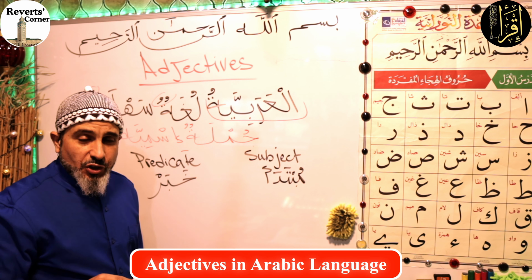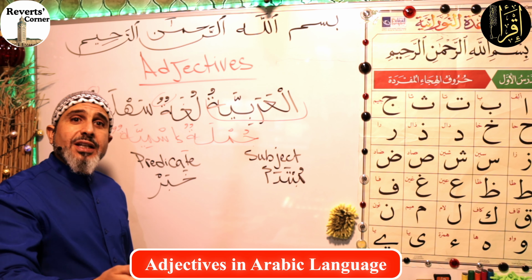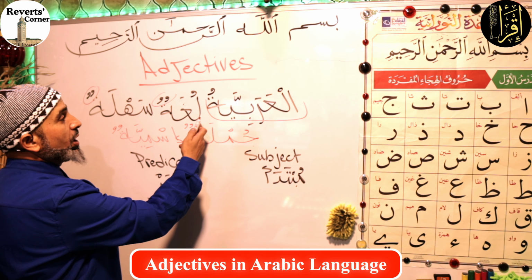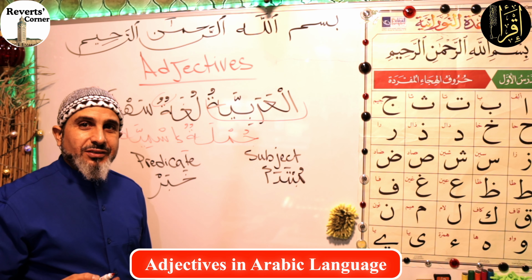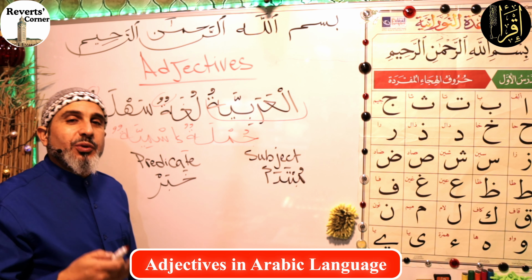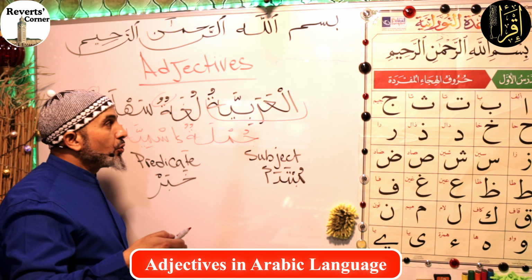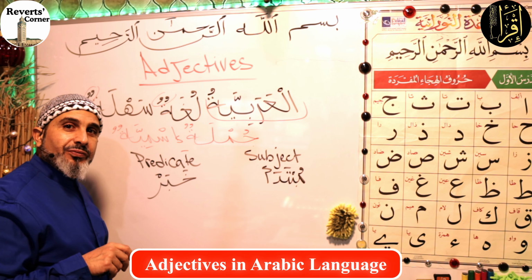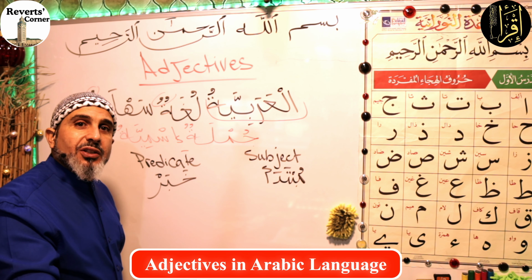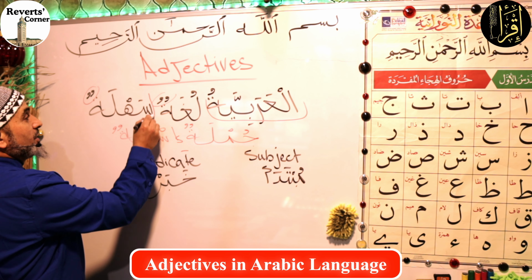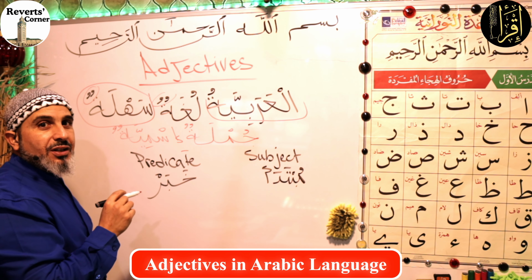Lugha is predicate that is being described. What is being described is a lugha, a predicate that is being described, khabar and mawsuf or ma'ruf. The lugha is being described as easy, right? سهلة.